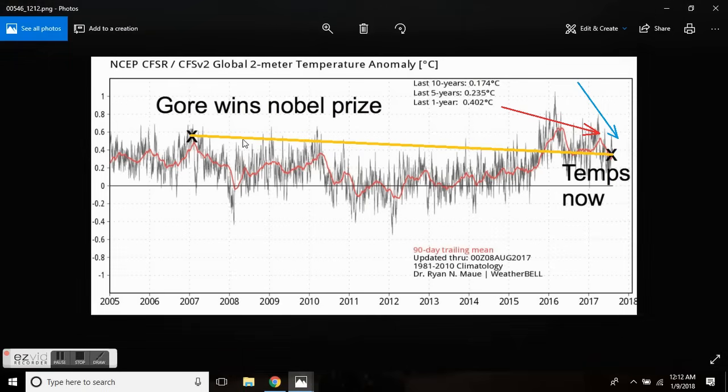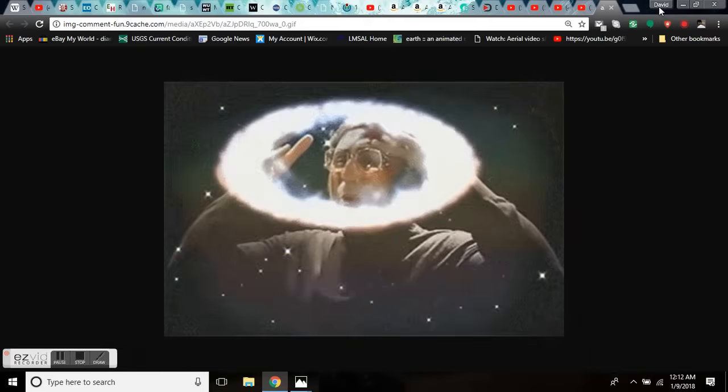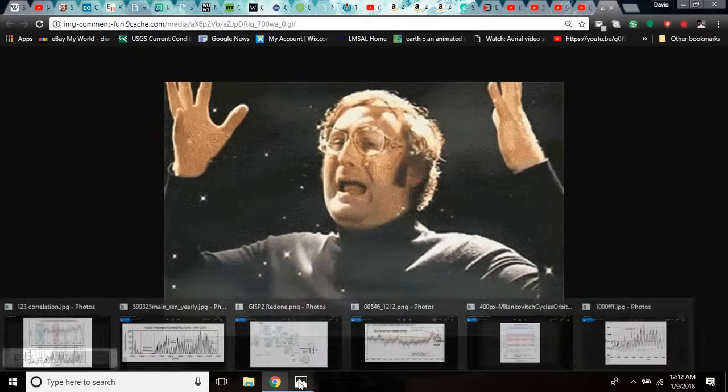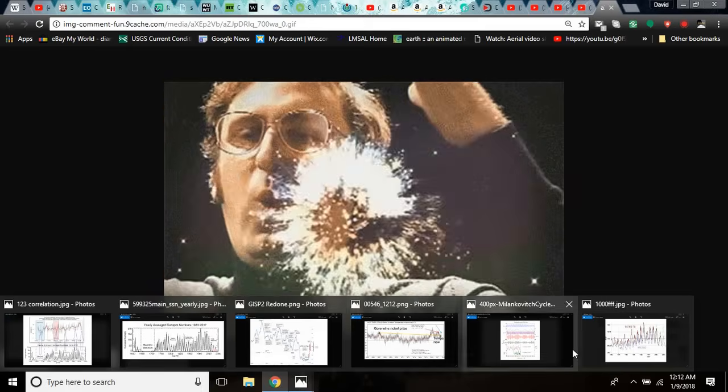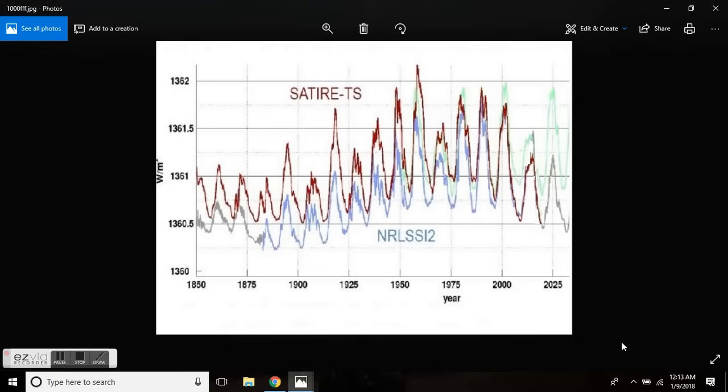And here's when Al Gore won the Nobel Prize and the global temperature data. And here's where our temperature is now. And you can see that there's 3 different scales of temperature drop depending on where you start the calculation. And that's a boom. And sunspots and total solar irradiance are directly related.